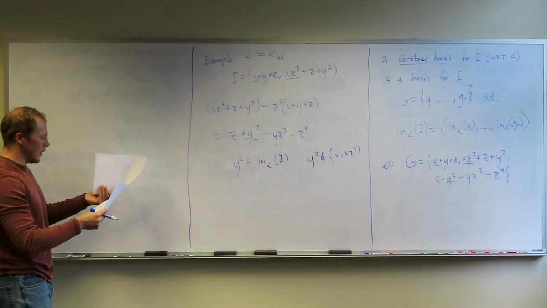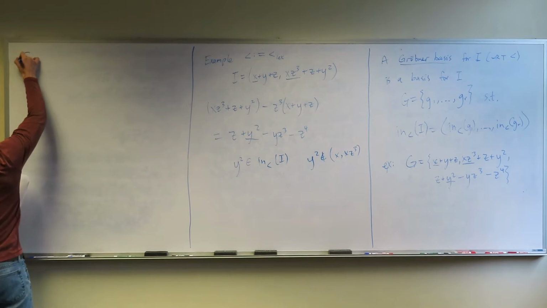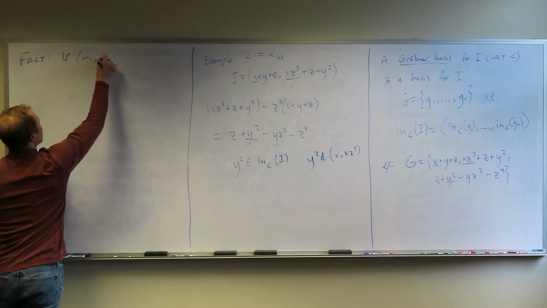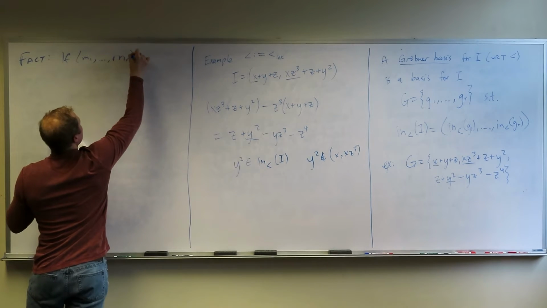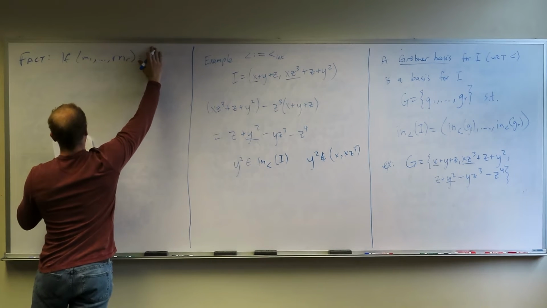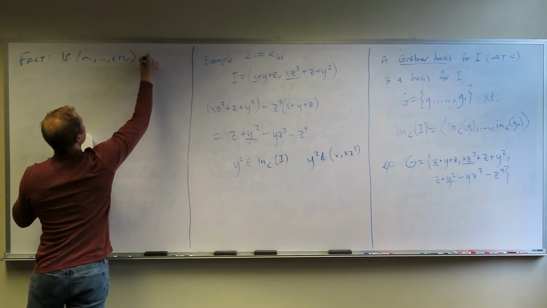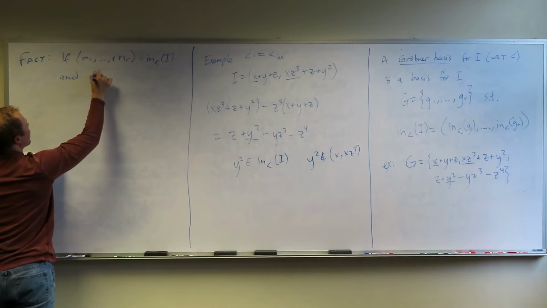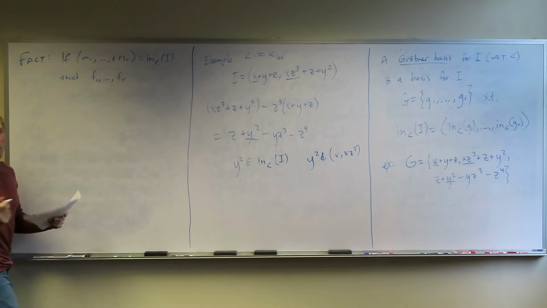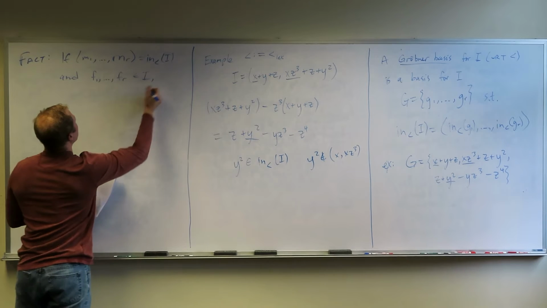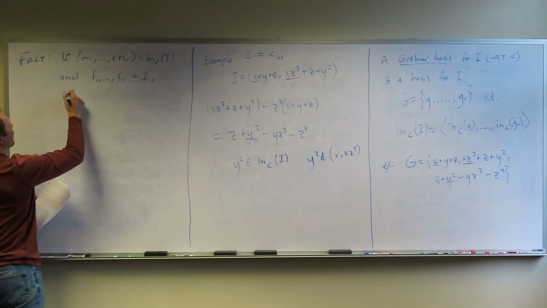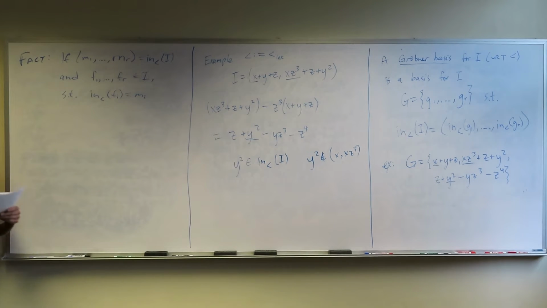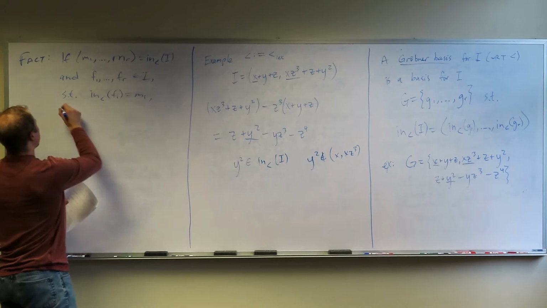So the fact is that if I have some list of monomials that generate the initial ideal, and another list of polynomials that are in I, such that the initial terms of each of the FIs is exactly the MI, then this set is a Gröbner basis.